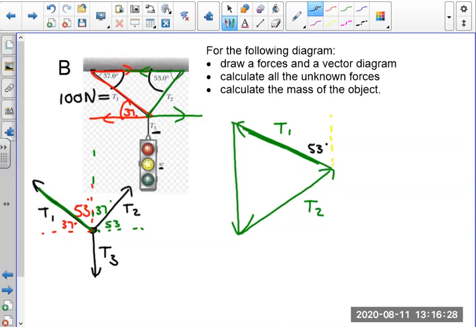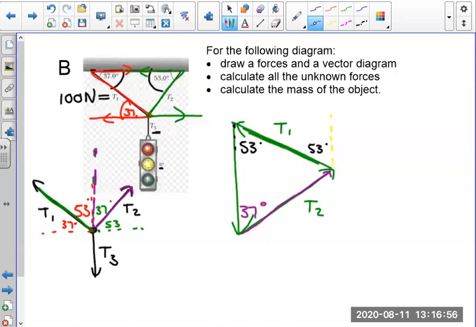Now, if the yellow line and this line are parallel, it means this angle in the triangle is 53. Then when I look at T2, let's look at T2 in purple. With the straight vertical there, this angle is 37.